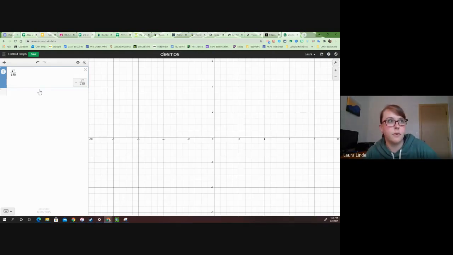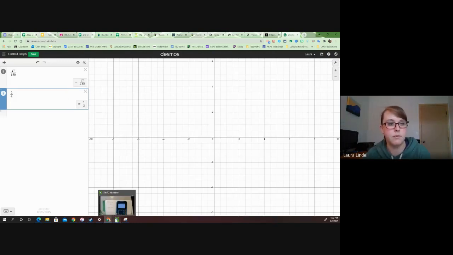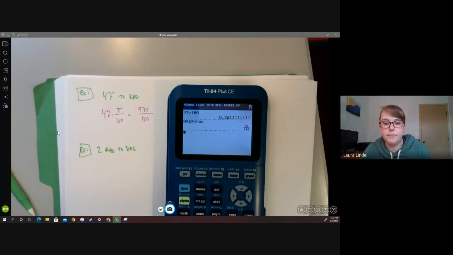In this case, it's still 47 over 180. But if I did like 2/4 or something like that, and I hit the fraction button, it would tell me 1/2 because I would simplify that to 1/2. So that's also another fun feature you can use to make sure you've simplified your fraction correctly, because we don't want that to be what we get stopped by.